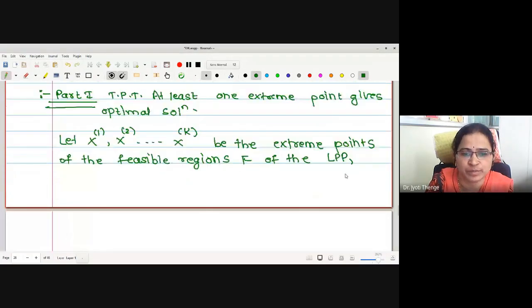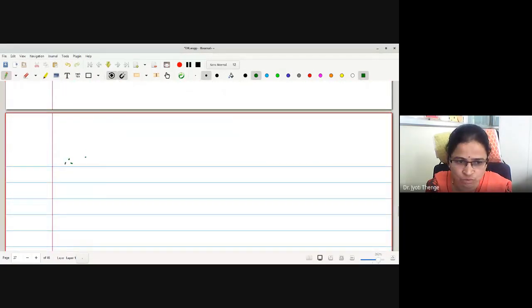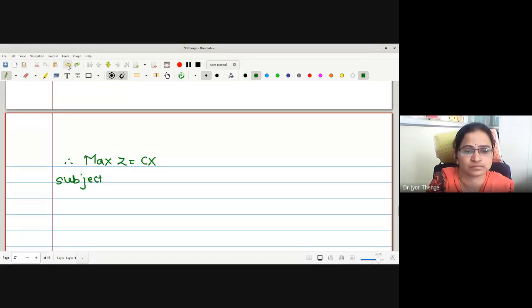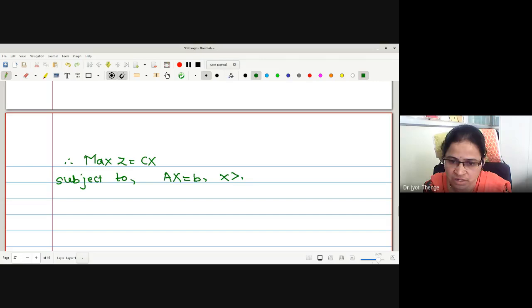What is the LPP? Maximize z = cx subject to Ax = b, x ≥ 0.